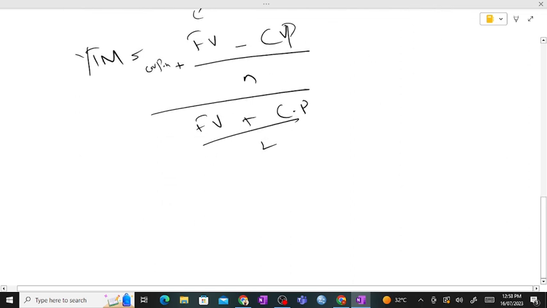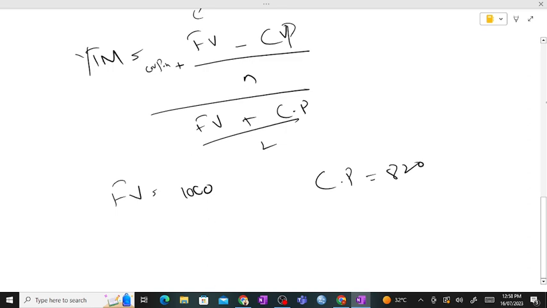Let's take an example and solve this question. For example, a company is offering bonds with a face value of 1,000, and its current selling price is 820.